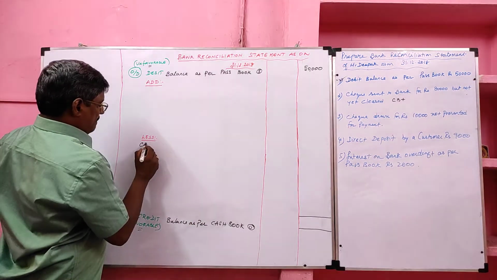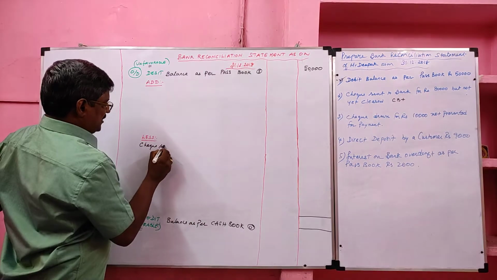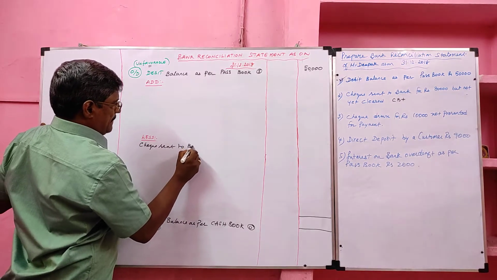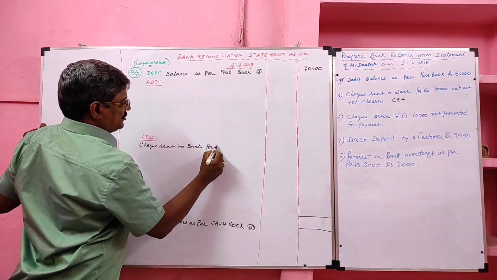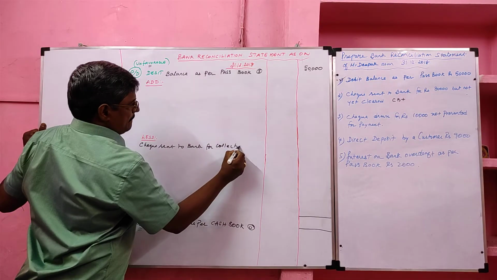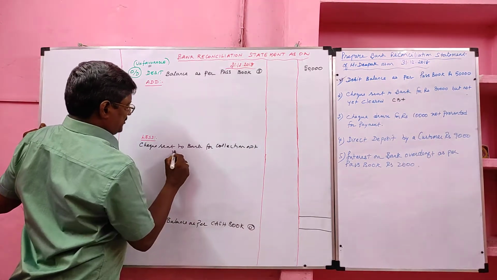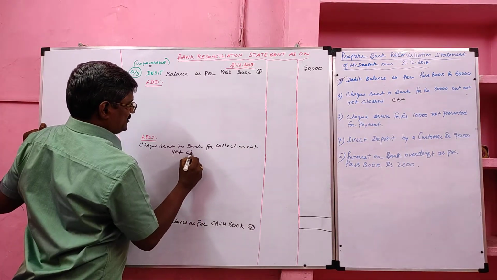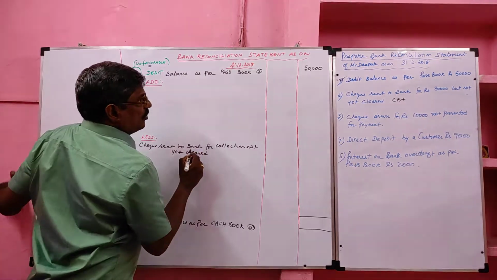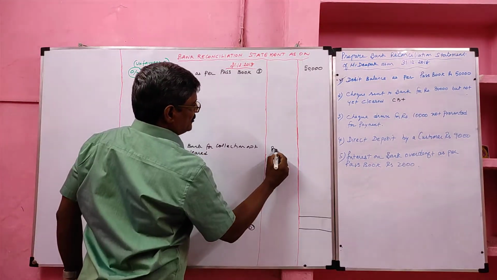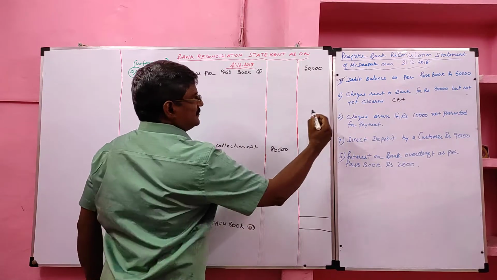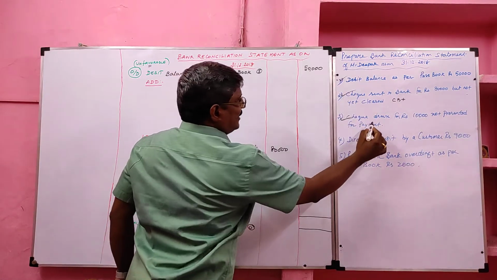Check sent to bank for collection, not yet cleared. The value of the check, how much? 80,000. Second one completed.